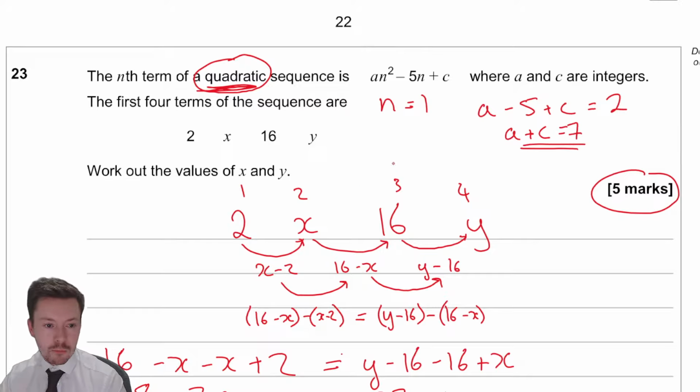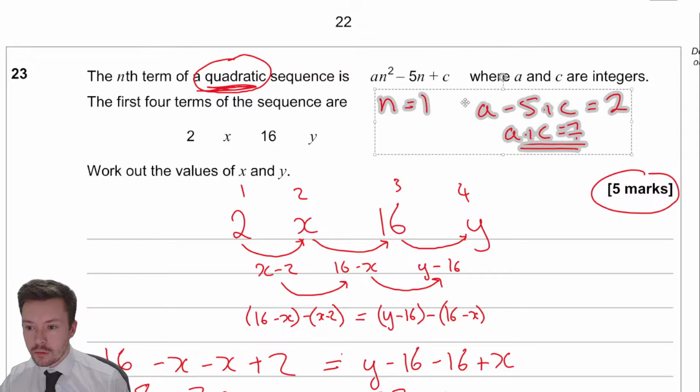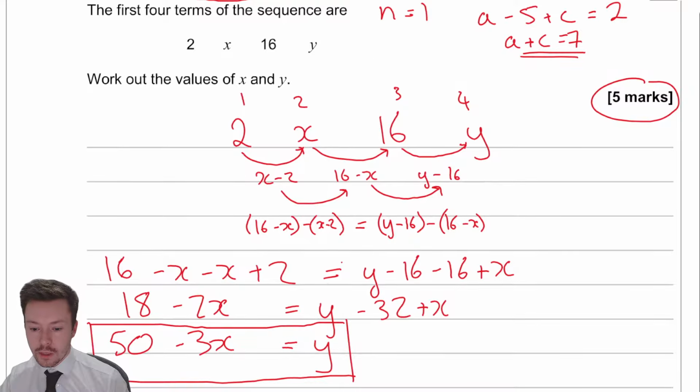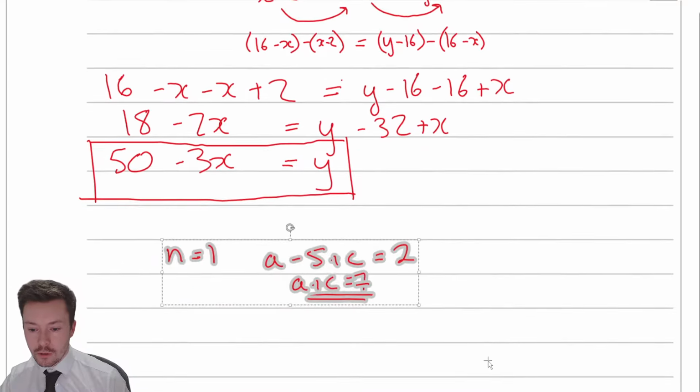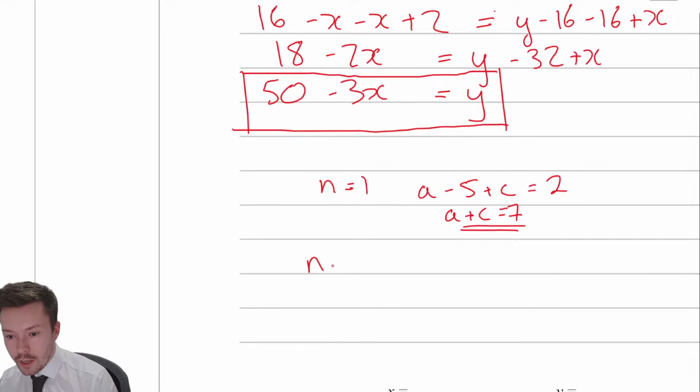Okay, and then I'm going to run out of room here, so I'm going to move this down here. And then let's do n is equal to 3.